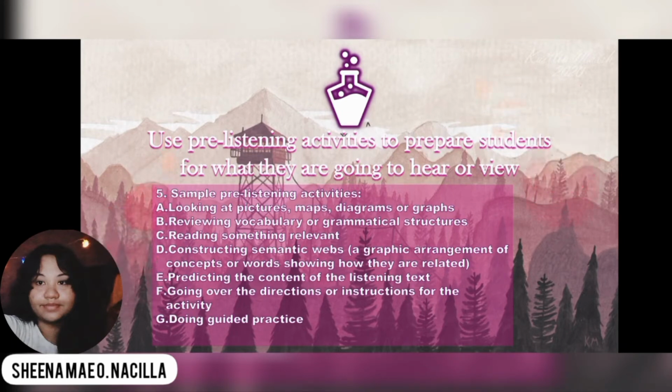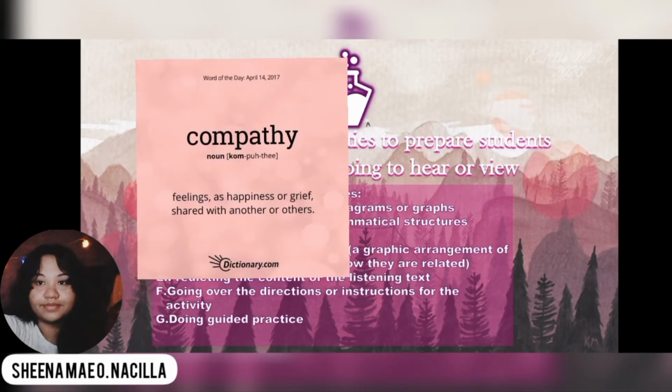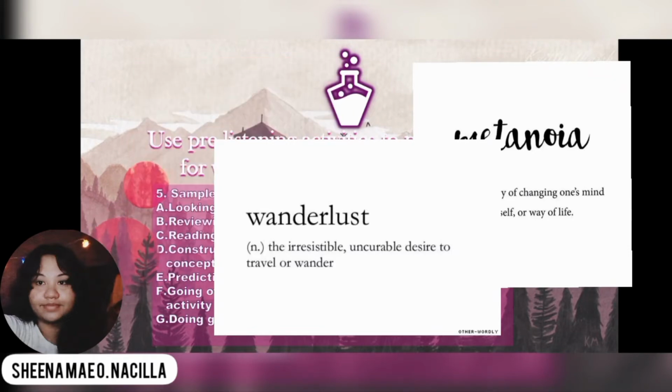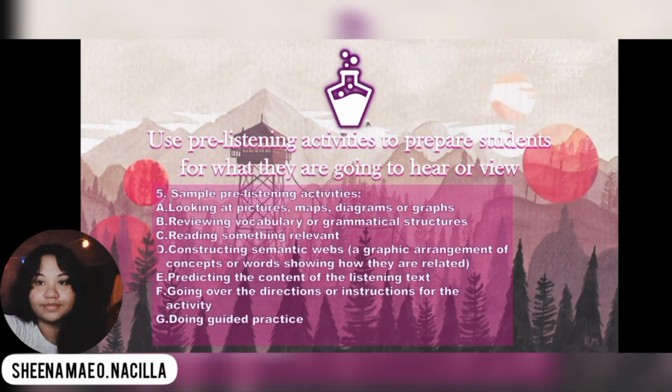Next example is reviewing vocabulary or grammatical structures. Vocabulary are words in the passage or story or any literature that your students are going to view or listen to. You could review them so that they would understand what the word means in the sentence.